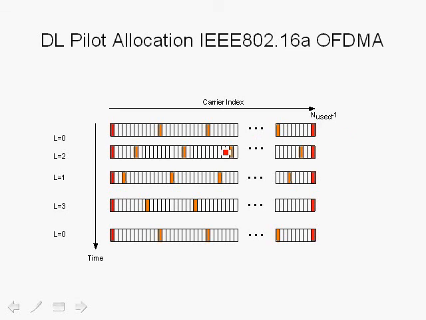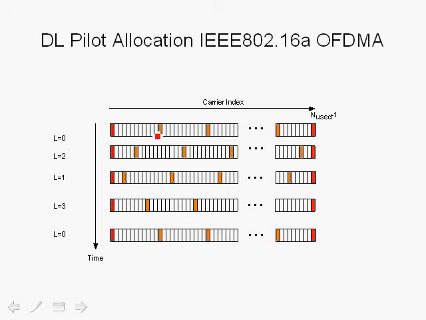Here we're showing, for example, one OFDM symbol in terms of its carriers. Here's the subsequent OFDM symbol, and then the next OFDM symbol, and so forth as a function of time. Also note these numbers here. L equals 0, 2, 1, 3, and then L equals 0. L is a number that's provided in the standard, which goes from 0, 1, 2, and 3, but not in that order, but in the order shown over here.